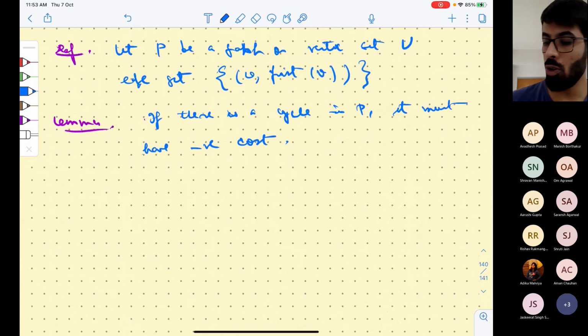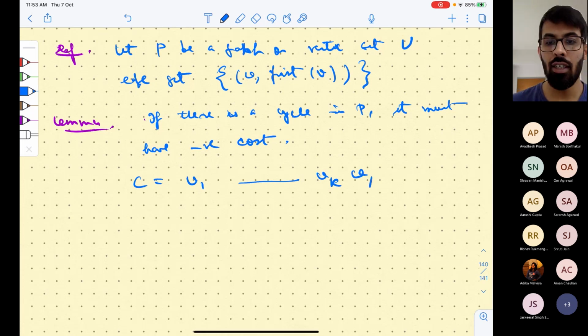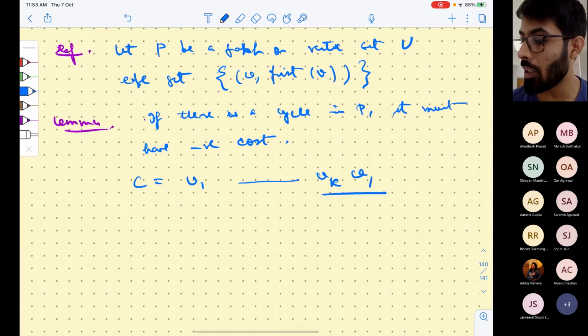And this is not that hard to show. So let C equal V1 to Vk and then V1. Let this be the cycle. And let Vk, V1 be the last edge to be added to P.